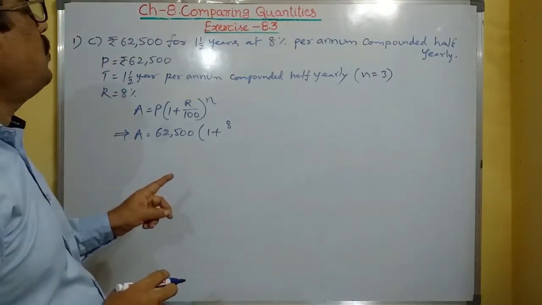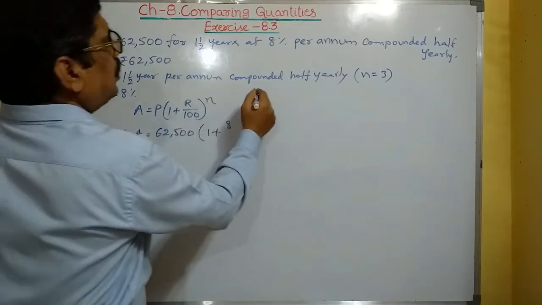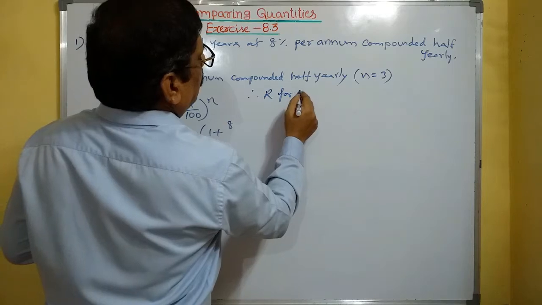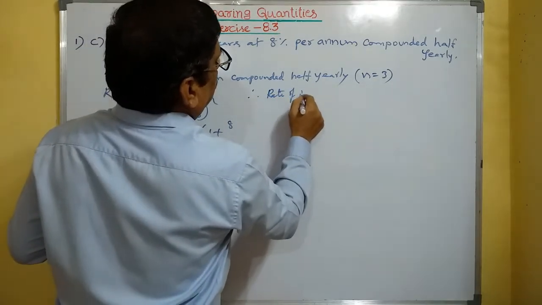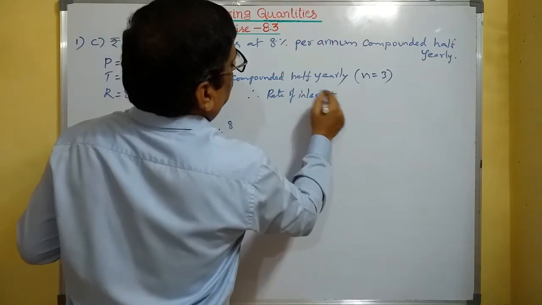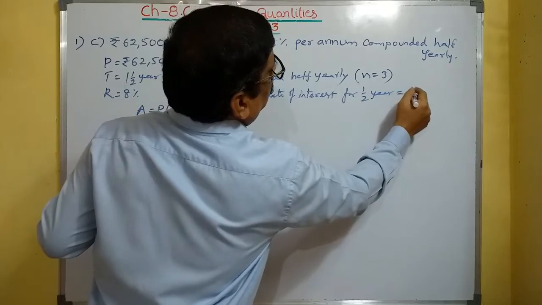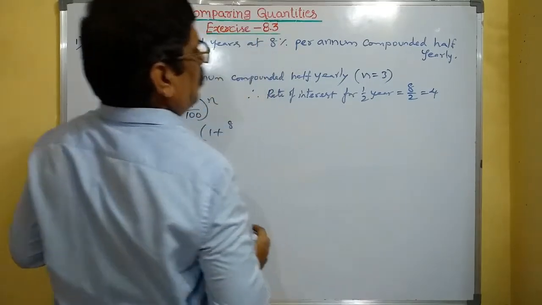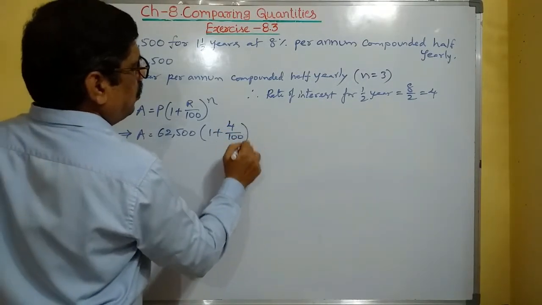Actually here R value will be, therefore, the rate of interest R for half year is equal to how much? 8 by 2 is equal to 4. So we have to take 4 by 100 whole to the power of 3.